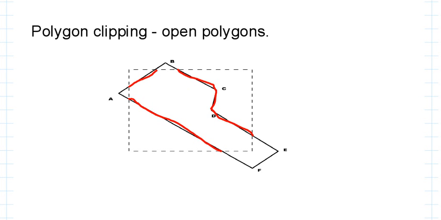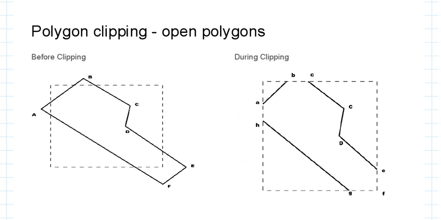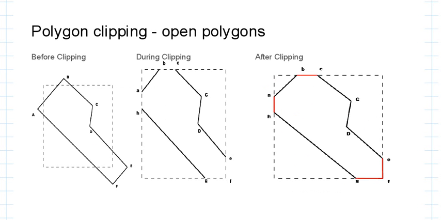So after clipping the lines, you need to join these clipped portions to get the resultant polygon. Here is your original polygon before clipping. Now during clipping, these are the line segments you will get. So to generate the resultant polygon, you need to join these segments.